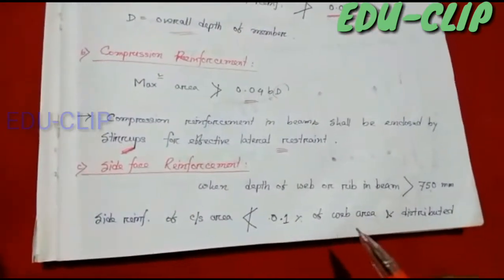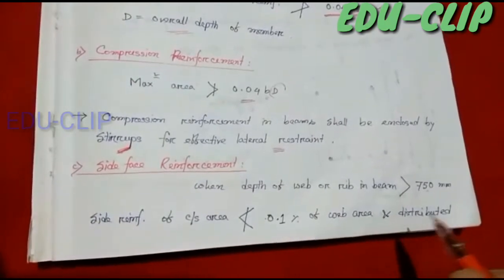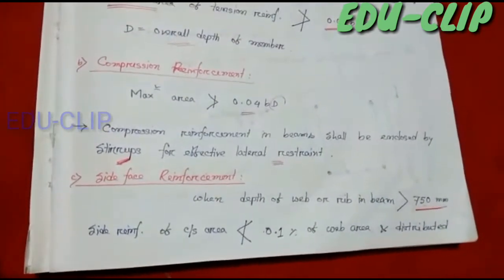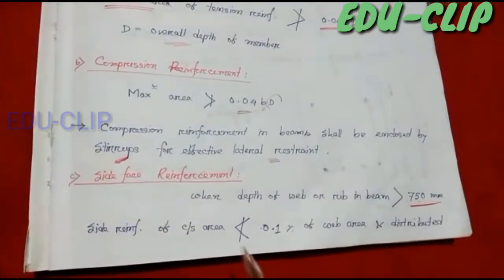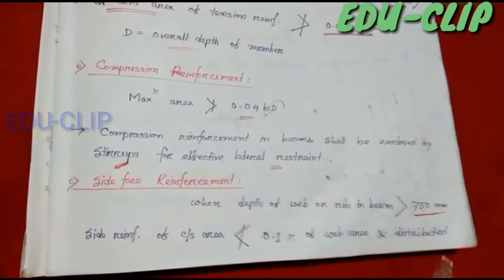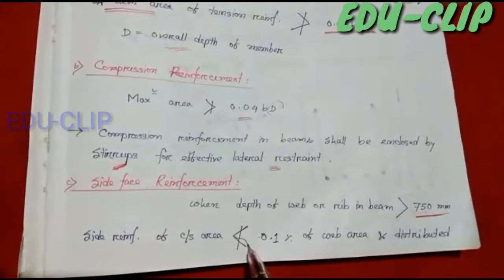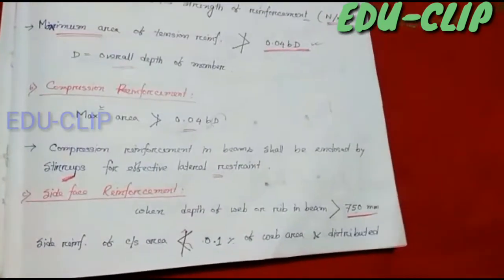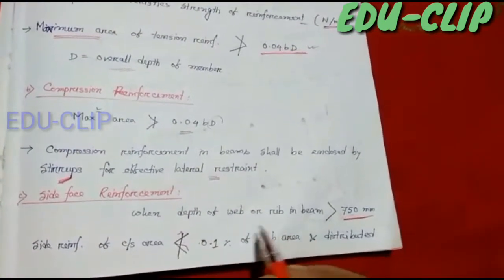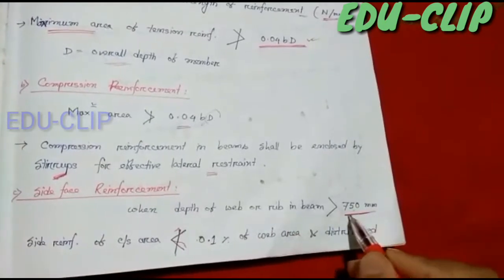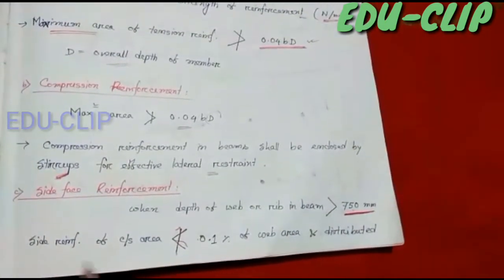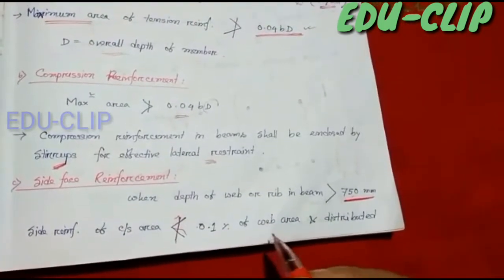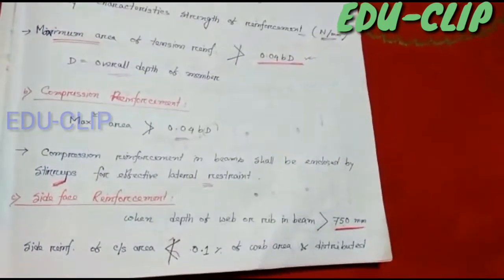Then coming to side reinforcement. When the depth of the web or rib in the beam exceeds 750 mm, then side reinforcement is provided, and this side reinforcement has an area not less than 0.1% of the web area.